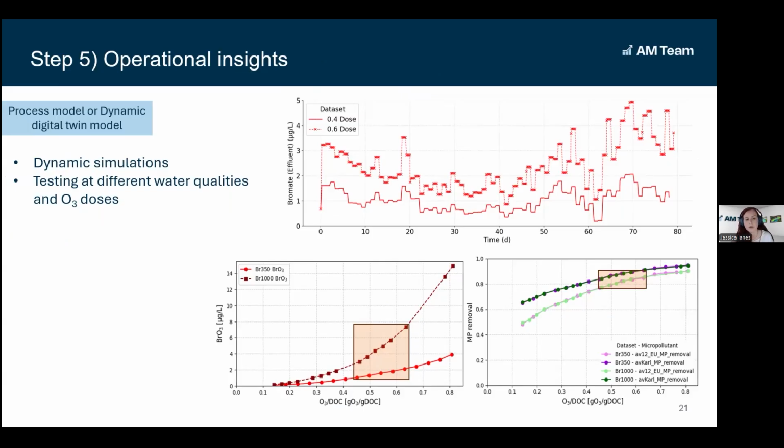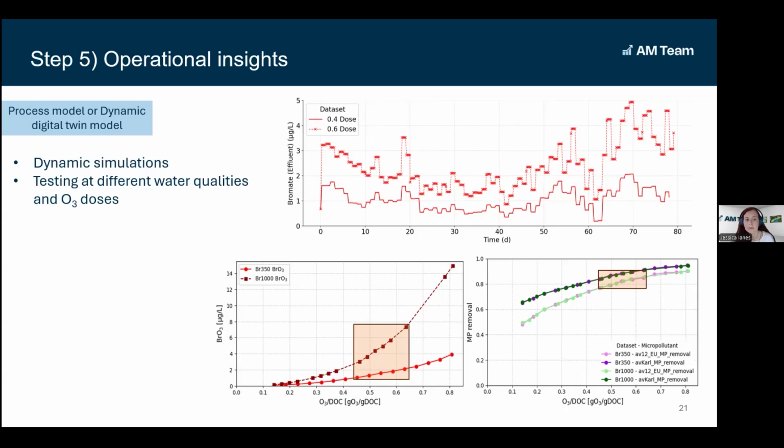We wanted to actually see what happens during the real operation of the plant in the future. We know the influent, the secondary effluent, is not with a steady state water quality, but we might experience peaks in DOC, ammonia, nitrite that are actually very well affecting then the results in terms of bromate and micropollutant removal.